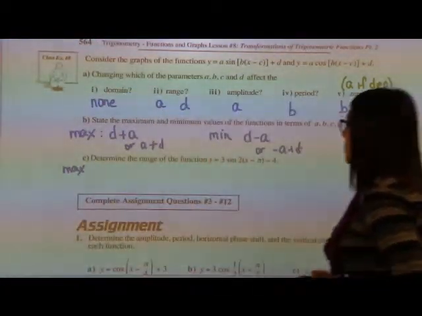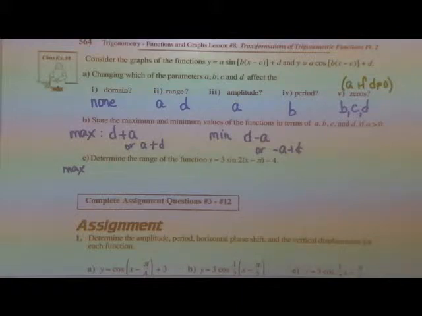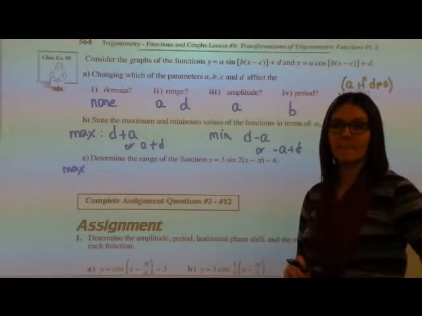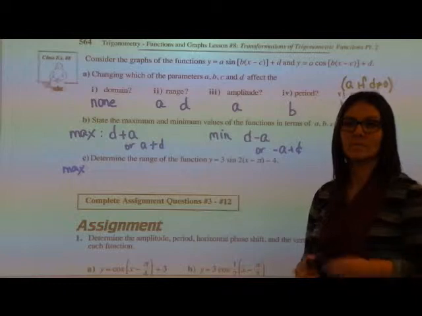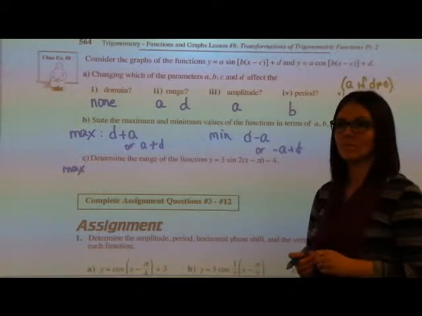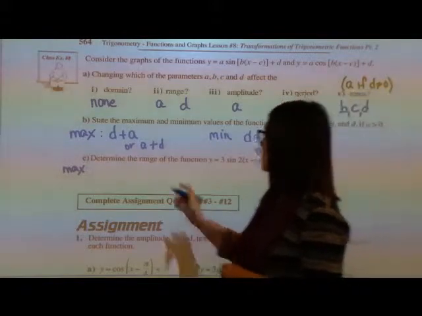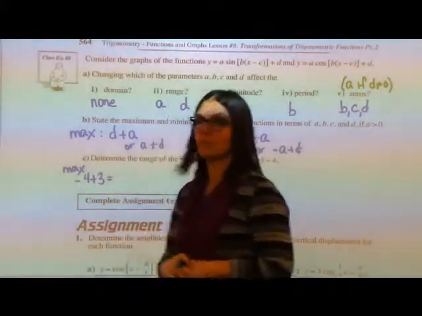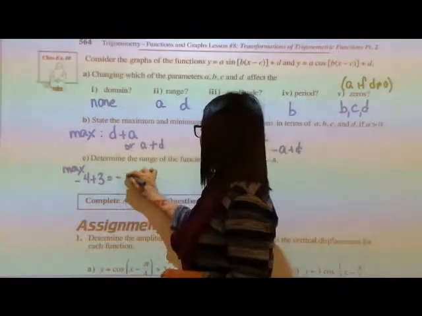So what is the maximum of the function y equals 3 sine (2x minus pi) minus 4? How would I find the max? -4 plus 3, which would give me -1.